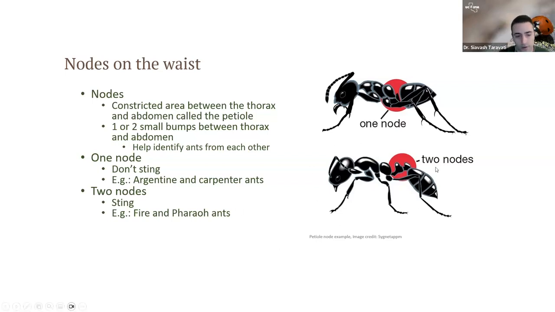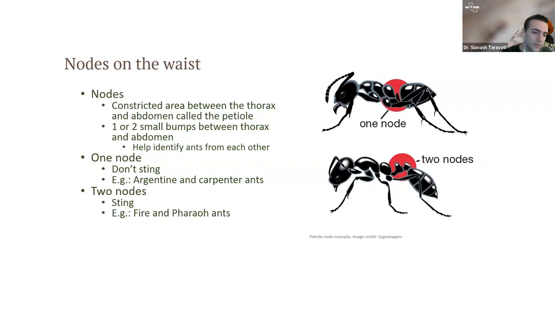And some ants have two nodes. The interesting thing is that all the stinging ants, that have stingers, have two nodes on their waist. So if you see an ant with one node, it means that they cannot sting. Usually they have other mechanisms for defense. It's a chemical defense. For stinger ants, it's also a chemical defense.